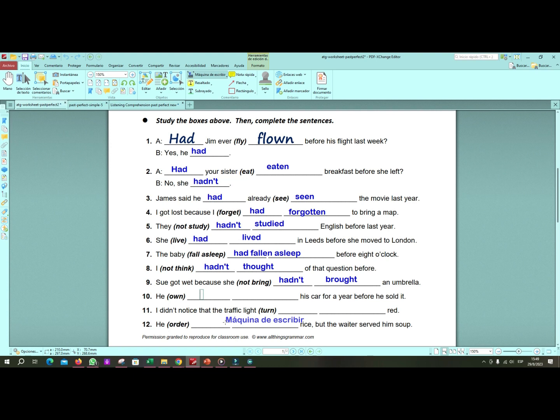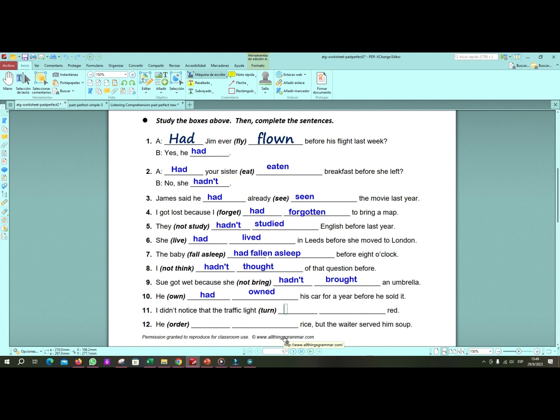Number 10. He owned his car for a year before he sold it. Marjorie, do you have that one? He what? Had owned his car for a year before he sold it. Excellent. Nice, Marjorie. Thank you. Mr. Jordi, 11.